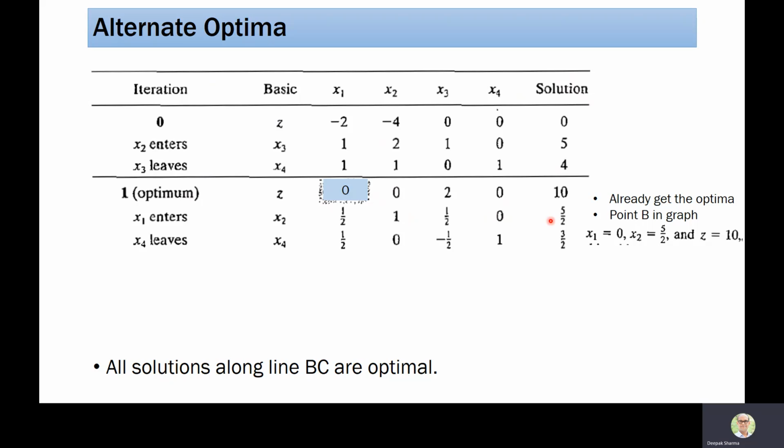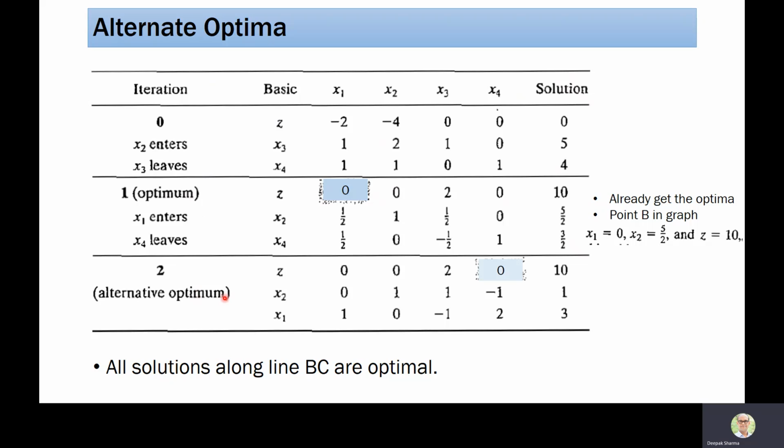Now here x1 is 5/2 and x2 is still non-basic, meaning it is 0. So here we get the point 5/2 and 0. Since x4 has no role, just for calculation purposes I am taking x1 as entering and x4 as leaving.